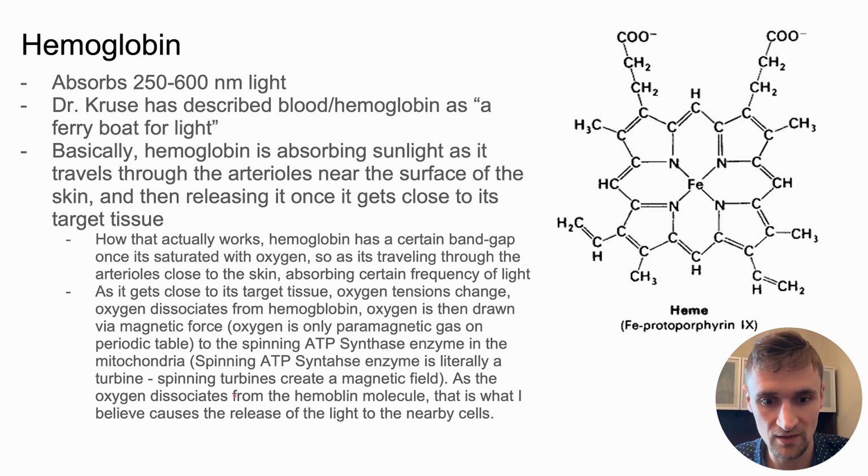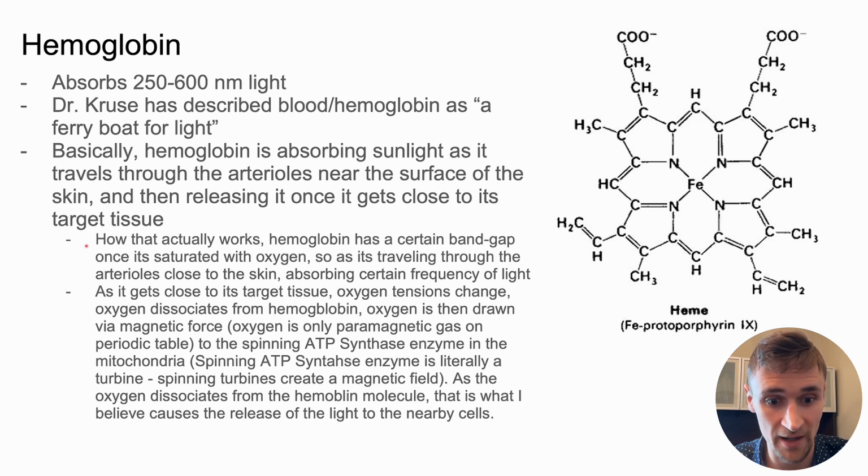When the oxygen disassociates, that causes a change in the semiconductor, and this allows hemoglobin to release its light to the nearby cell, which helps accentuate the metabolism and health of the cell. It was Dr. Kruse's hypothesis that blood, and hemoglobin specifically, is a ferry boat for light.